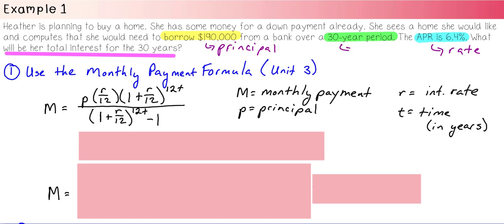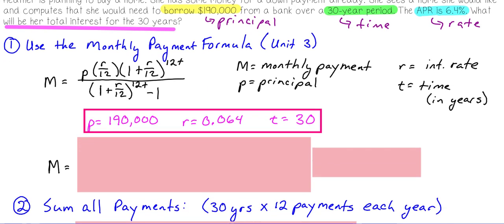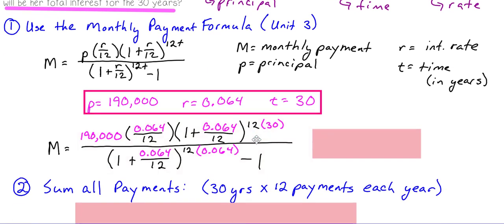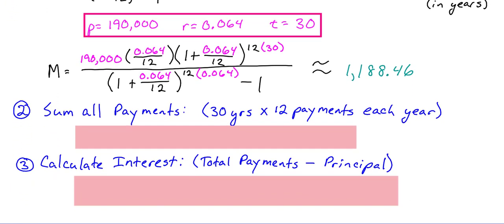And the last thing we need is our time period, which is 30 years. So when we put that in for the variables, we need to remember for the rate to convert it to decimal form, plug it into our formula, and we get a monthly payment of approximately $1,188.46.